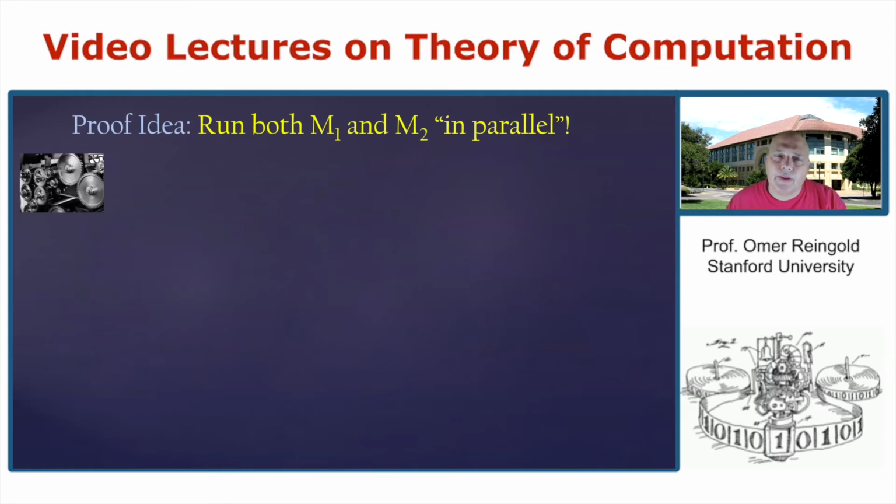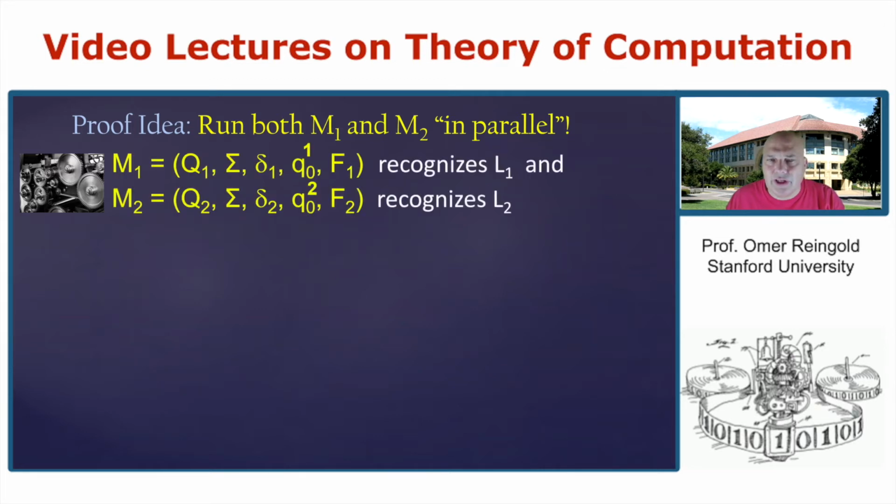So the idea is to construct M that in parallel runs M1 and M2 and accepts if one of them is accepting. So we will run the machine for L1, the machine for L2, and if one of them accepts, so will we.